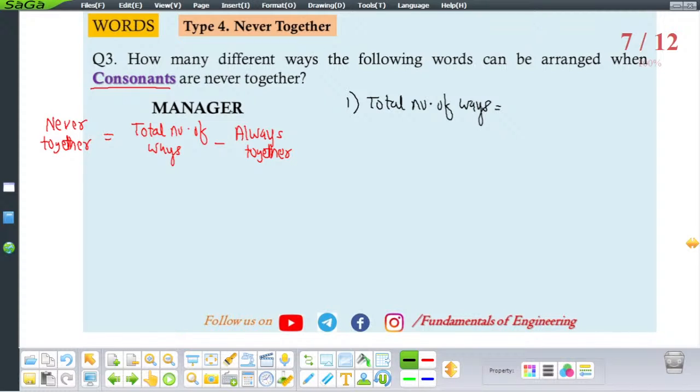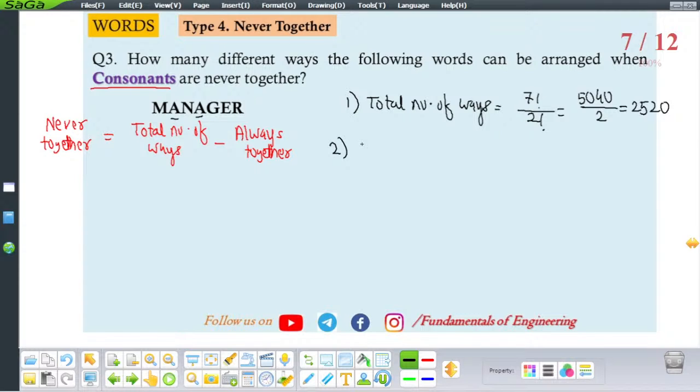That means 7 factorial. But A is repeated twice, so divided by 2 factorial. 7 factorial value is 5040 divided by 2, 2520. That is the answer whenever we are writing all the total number of ways.